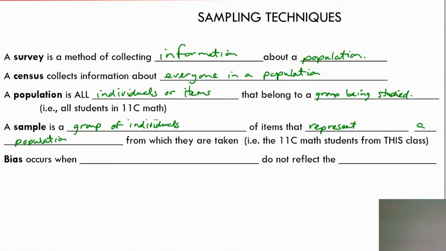Another term that we just briefly mentioned last lesson was a bias. Now, bias occurs when the results of a survey do not reflect the population.